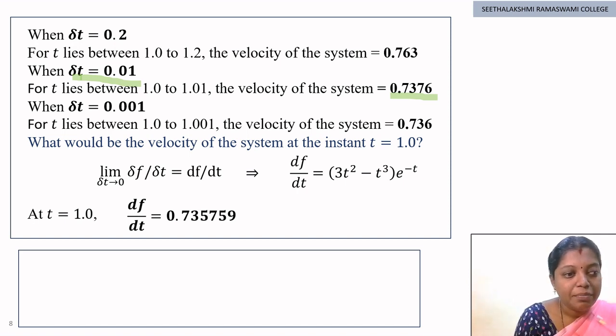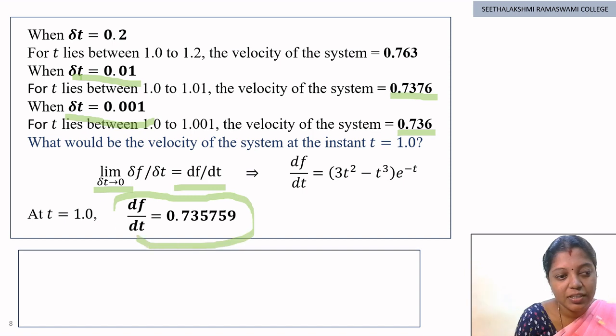So I'm reducing del t more. I have reduced del t to 0.001, and I got the velocity to be 0.736. So when I set del t to be 0, then it reduces to the differentiation. So you can find the difference from the differentiated expression.